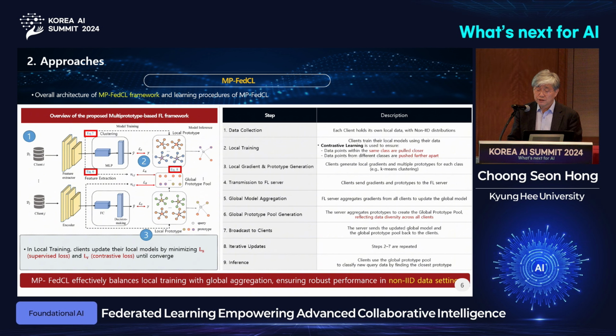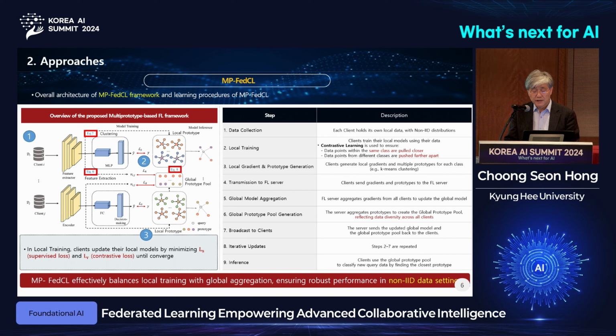Here is how it works. First, each client trains locally using its own data, optimizing a supervised loss and a contrastive loss to improve class separation. After training, clients send their gradients and local prototypes to the server.